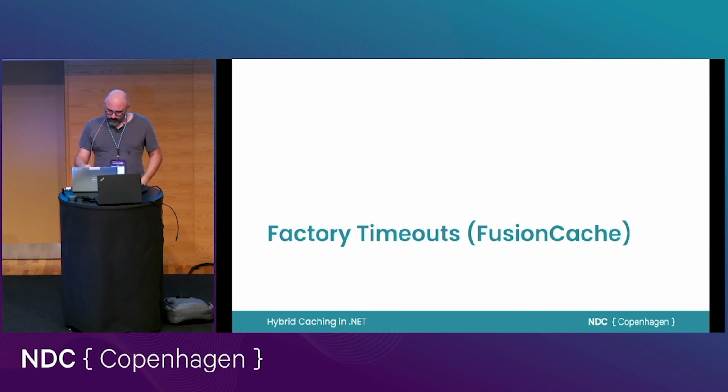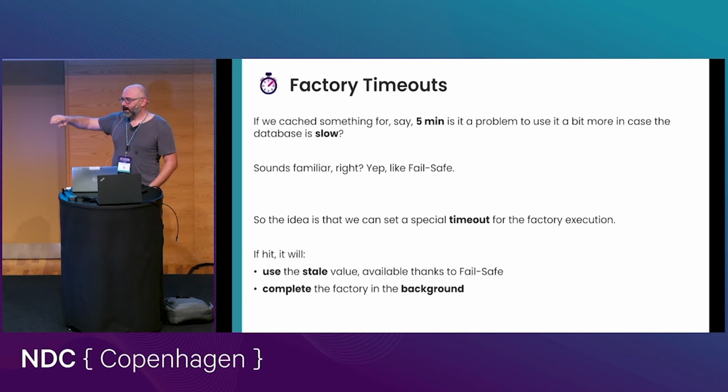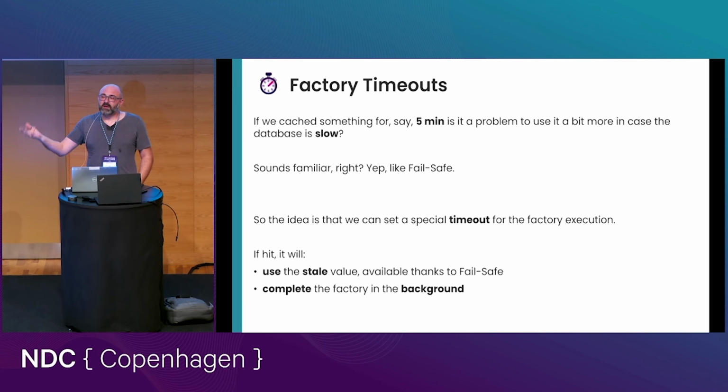Factory timeouts. So, the idea is that we can specify, look, when you need to do a refresh, do your thing, but I don't want to wait more than X amount of seconds, milliseconds, whatever that is. And in that case, that is a special timeout, basically.